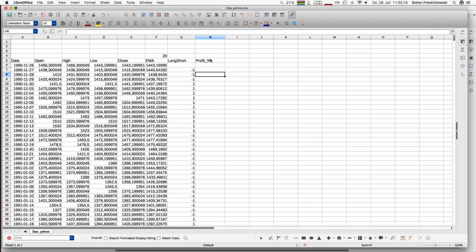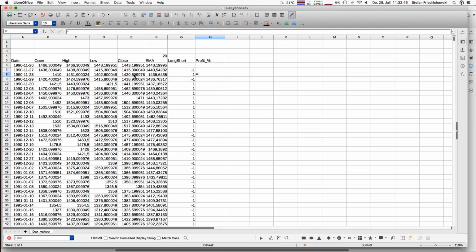Do we gain or do we lose money? And I do it simply in percent because the DAX value was in the history here at 1,400, today around 10,000, so we should do it percentage-wise. And so the profit of exactly one day can be calculated quite easily. How can that be done?